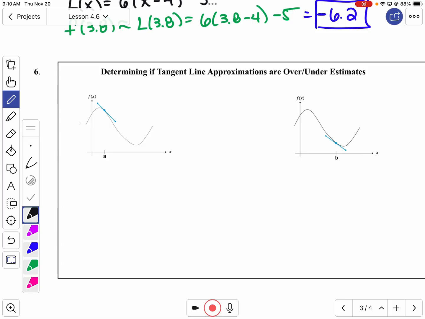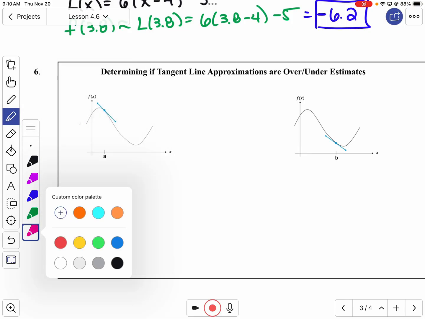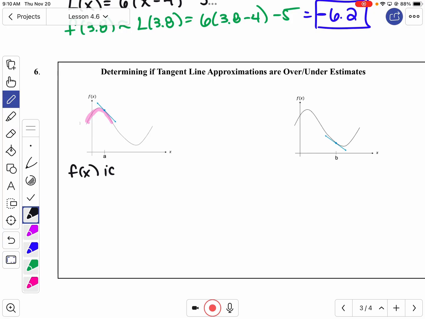If we look at this first example, how would you describe its concavity? It's concave down at the point that it's talking about, right? So if f of x is concave down, that means f prime, the derivative, is decreasing.